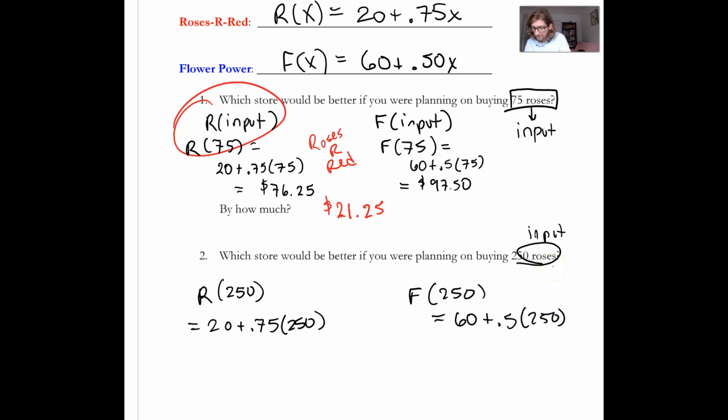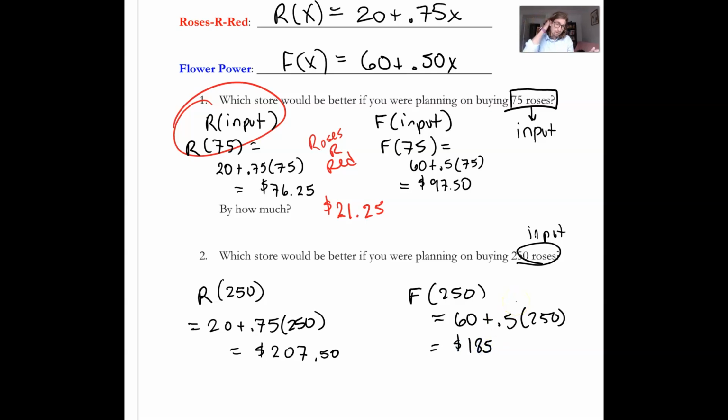Now I'm going to jump over to my calculator again and calculate. Over here for Roses Are Red, it looks like it's going to cost us $207.50. For Flower Power, it looks like it is going to cost us $185.